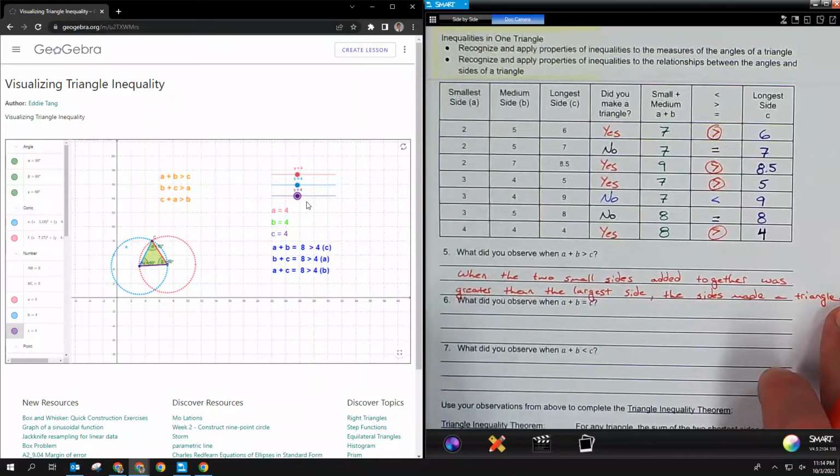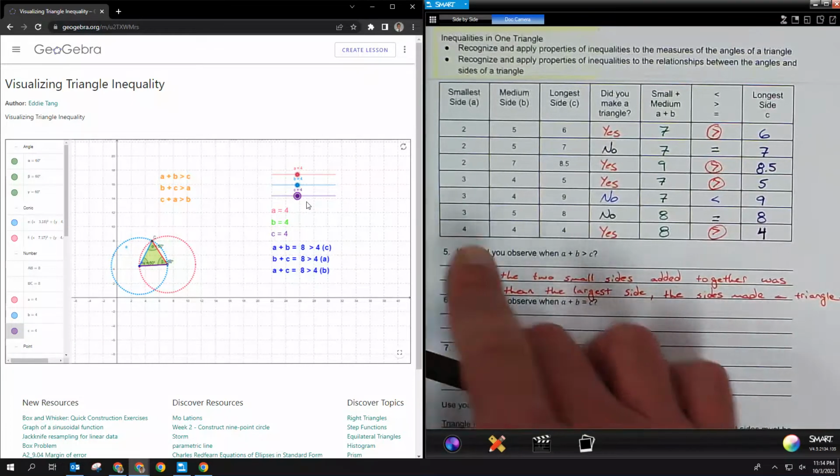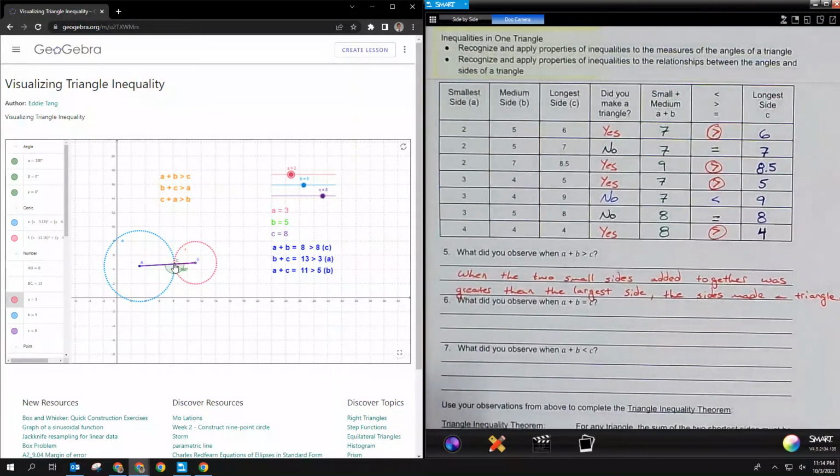What did you observe when A plus B was equal to C? So when it was equal, for example, we had 3, 5, and 8. So we can change this real quick to 3, 5, and 8. And we can see that it made a line segment with a point in between.